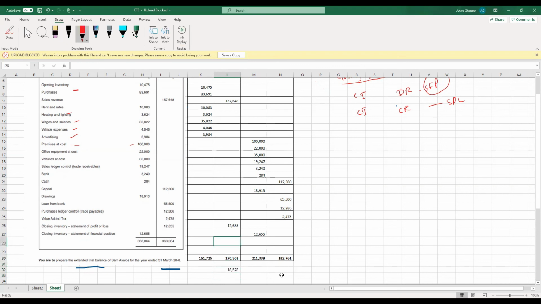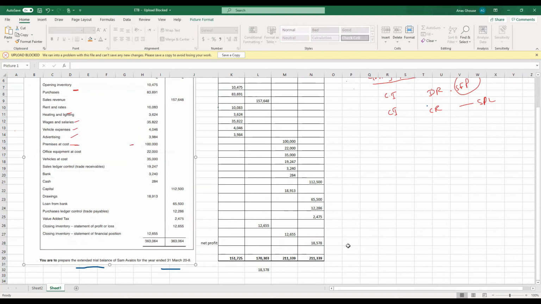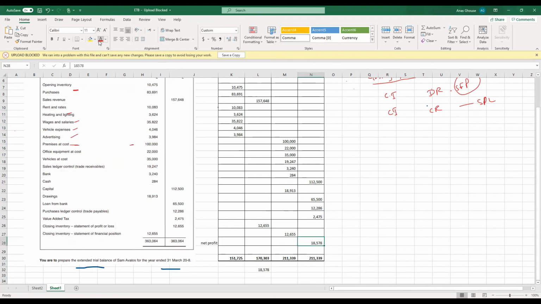This net profit belongs to the owner of the company, Sam. So therefore, the profit will have a credit balance. That will be added to the equity as net profit. So here you have to say net profit, which should be 18,578.